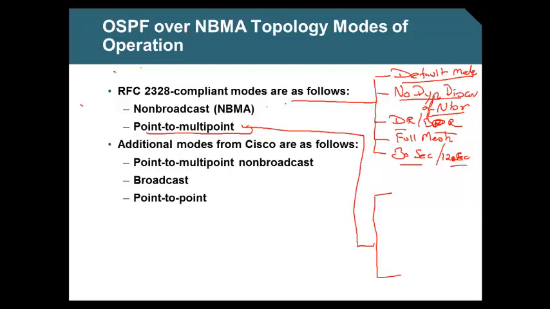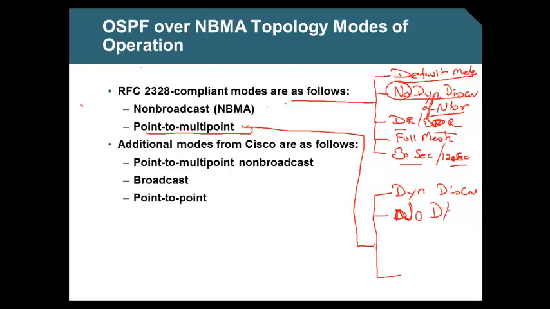Now, the difference is, here you put no, here you put yes: dynamic discovery of neighbor. And there is no DR, BDR for this one.